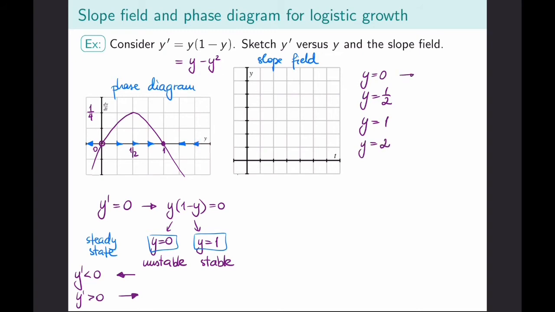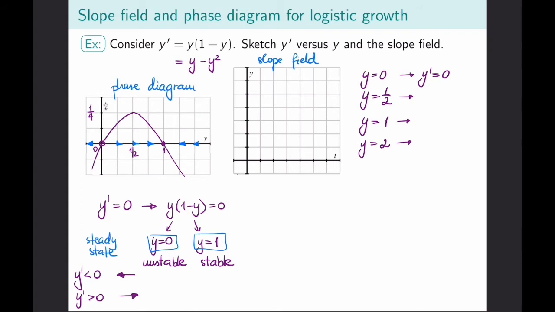So for each one of these, I'm going to compute the value of the derivative that the differential equation is giving me. Whether you plug it into this form or this form doesn't matter whatsoever. If I plug in y equals 0 on the right-hand side here, I'm going to get 0 times 1, which of course means 0, so y prime is 0.